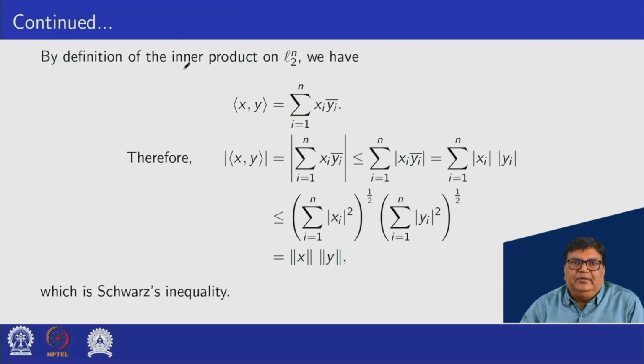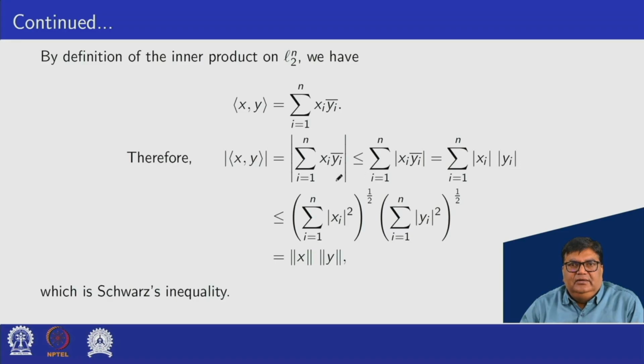Now, by the definition of inner product on l2^n, we have inner product of x, y equal to summation i = 1 to n of xi yi bar. So, taking modulus of both sides, this is less than or equal to summation i = 1 to n of |xi yi bar|. So |xi| and |yi bar|, and |yi bar| is |yi|. So this can be written as summation i = 1 to n of |xi||yi|.